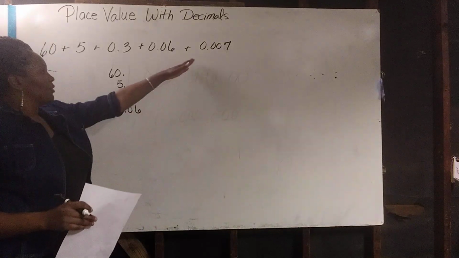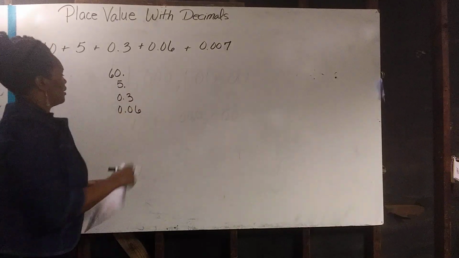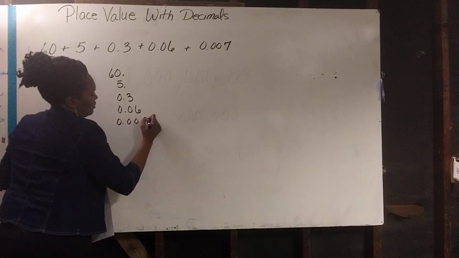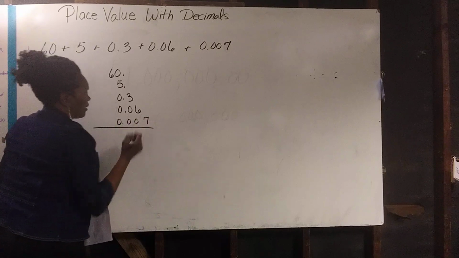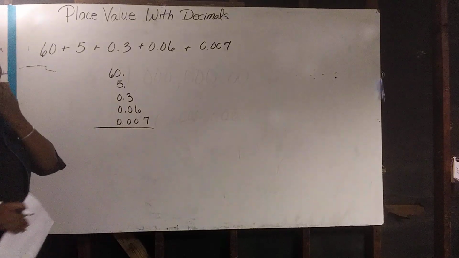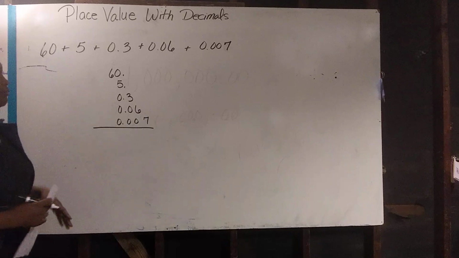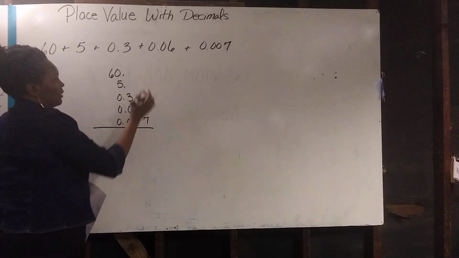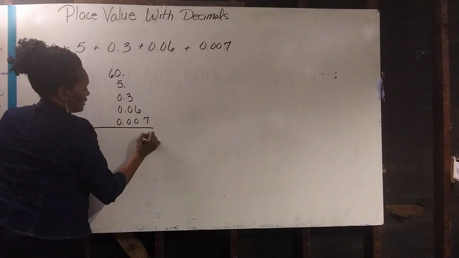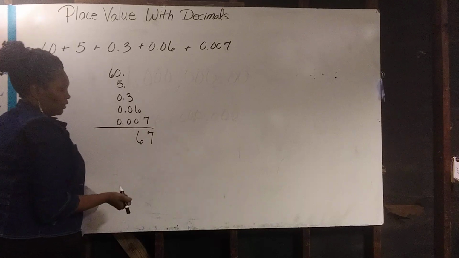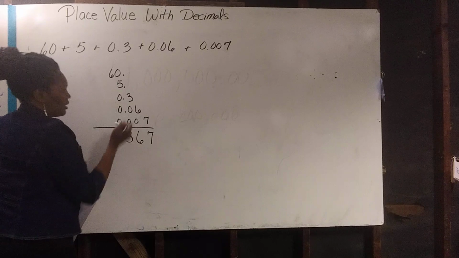Just make sure you keep those decimals lined up. 0.007. Okay? Now, if you want to, you can add zeros all through there. But since I already know that this is nothing, I can say 7. 6 plus 0 is 6. 3 plus those 2 zeros is 3.